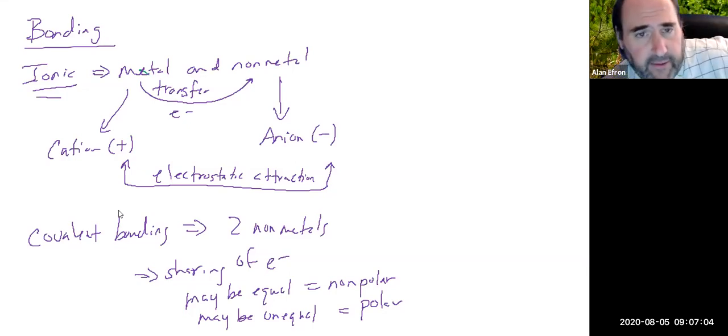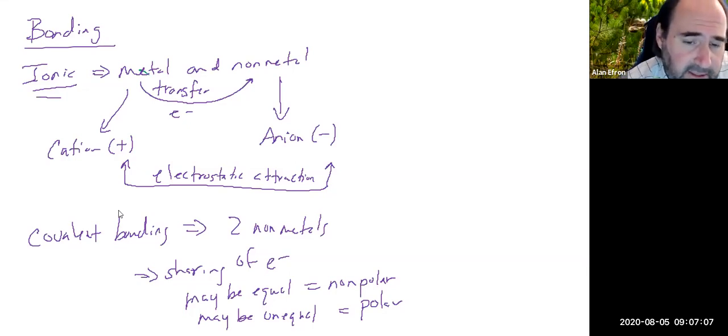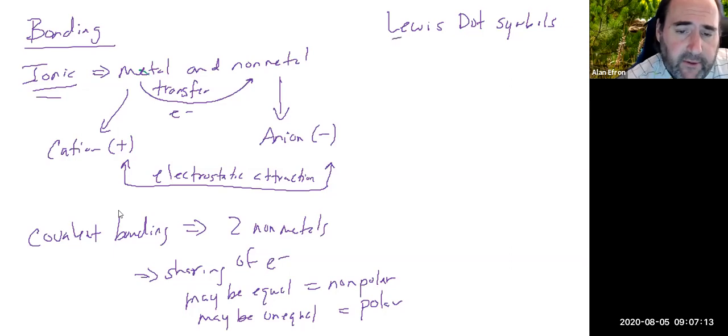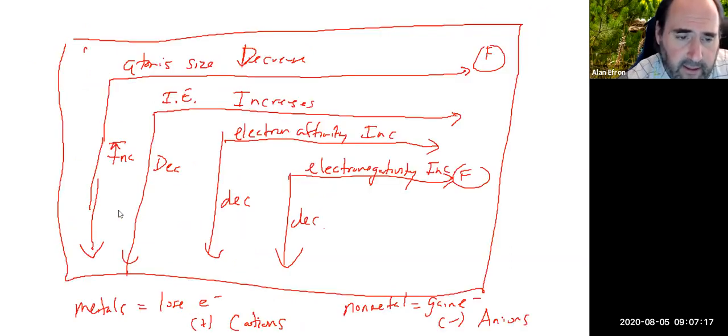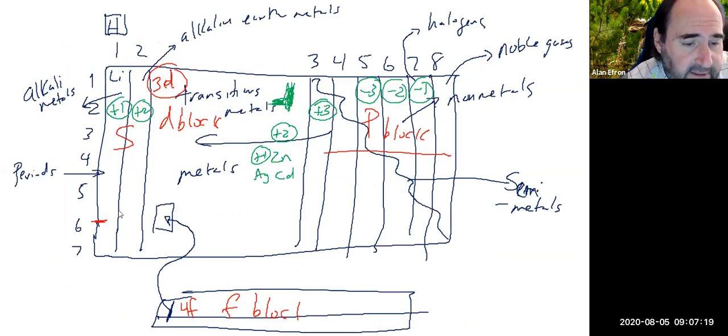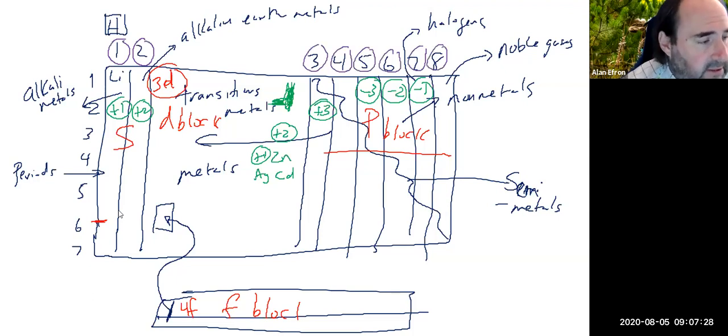So when we talk about that, we talked about Lewis dot symbols that can help us understand that. And also going back to our periodic table here, the number of valence electrons for our representative elements equals the group number. So everybody in group 1 has 1 valence electron, everybody in group 2 has 2 valence electrons, and so forth.